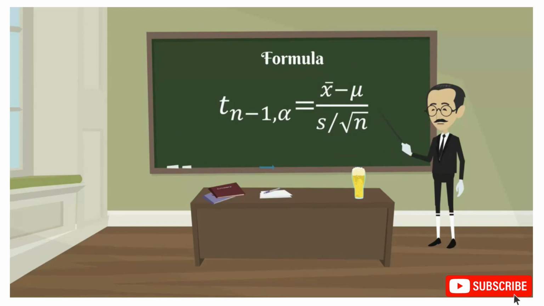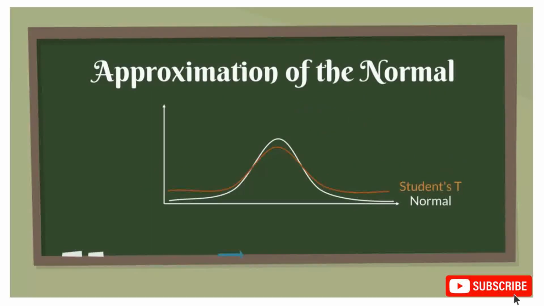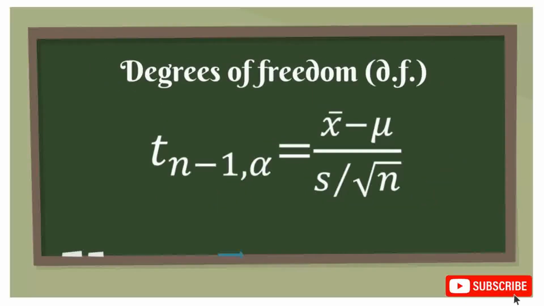As you can see, it is very similar to the z-statistic. After all, this is an approximation of the normal distribution. The last characteristic of the Student's T-statistic is that there are degrees of freedom. Usually, for a sample of n, we have n-1 degrees of freedom. So, for a sample of 20 observations, the degrees of freedom are 19.